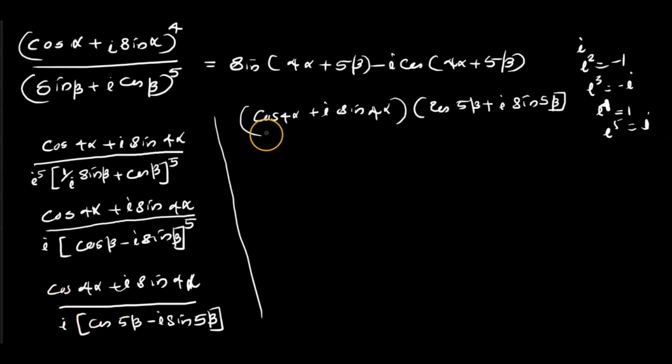And 1 by i is minus i, so this is minus i. Now (cos 5 beta minus i sin 5 beta) into (cos 5 beta plus i sin 5 beta).